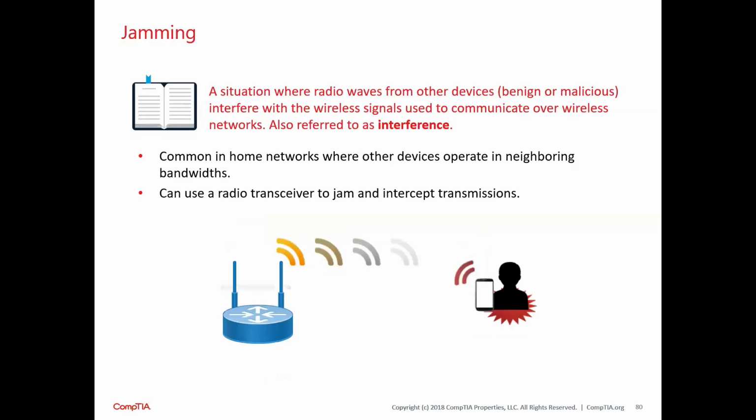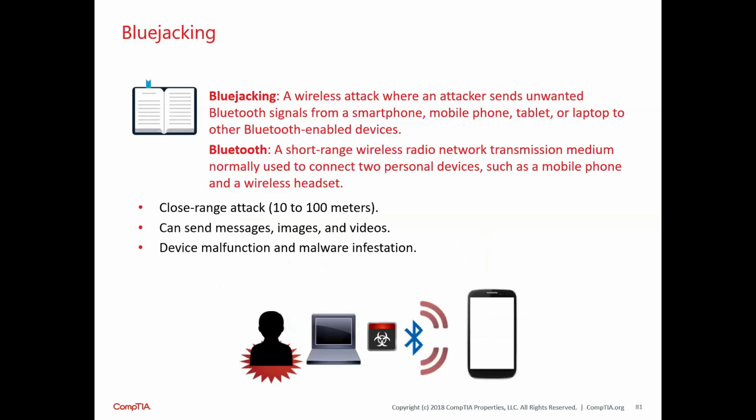Then we have other types of attacks such as jamming. You should know this one. So you try to jam the communication over wireless, also known as interference. So the idea is to jam and intercept transmission. And other types of wireless-related attacks such as bluejacking and Bluetooth.